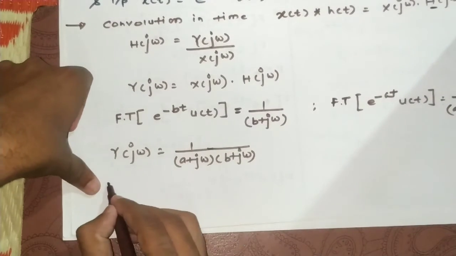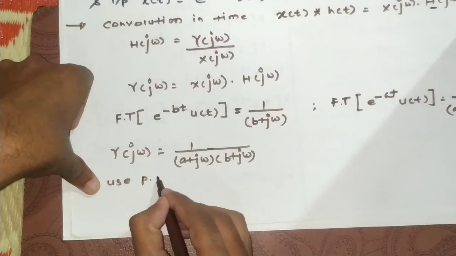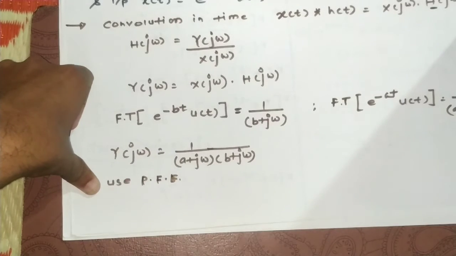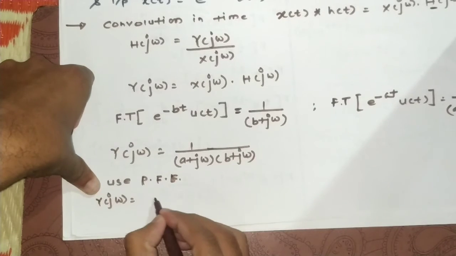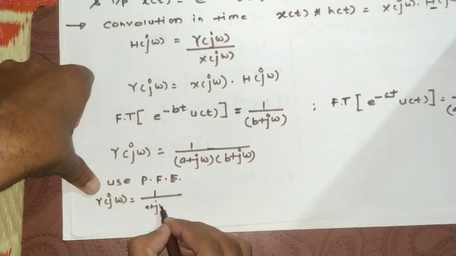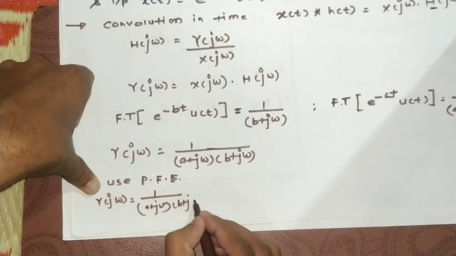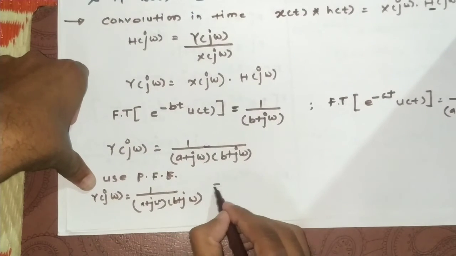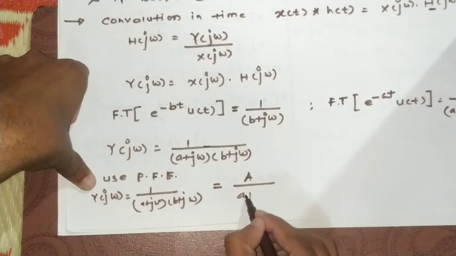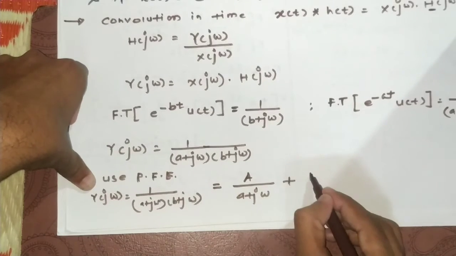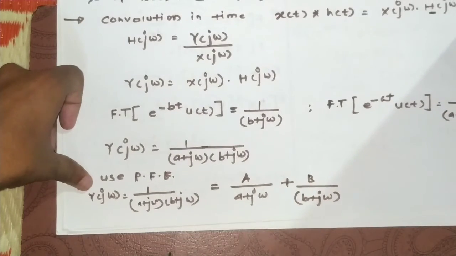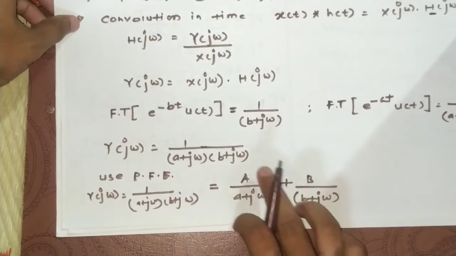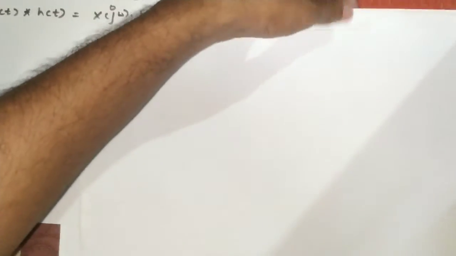If I want to use partial fraction expansion, I can split y of j omega, which is 1 upon a plus j omega into b plus j omega, as A upon a plus j omega plus B upon b plus j omega. Now we have to simplify this and find the values of A and B. Let us find those values. I am keeping it aside.